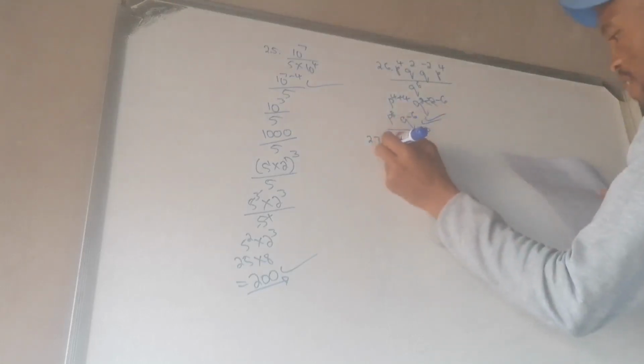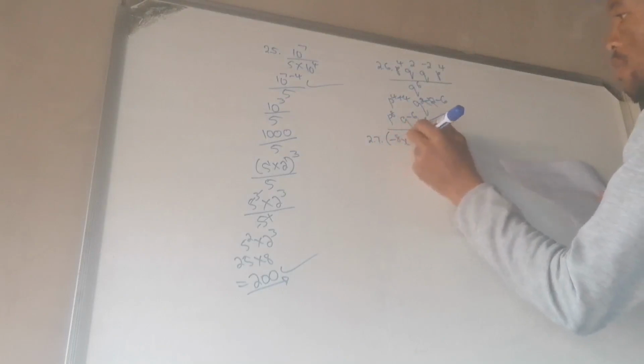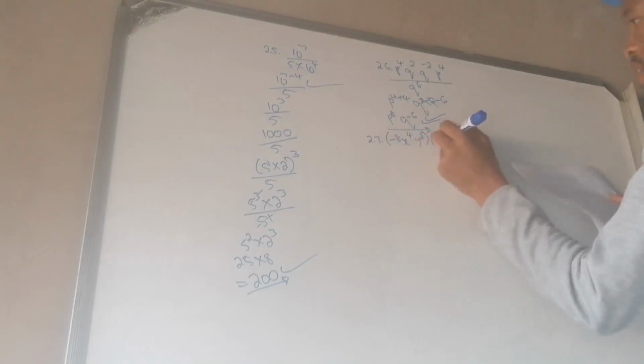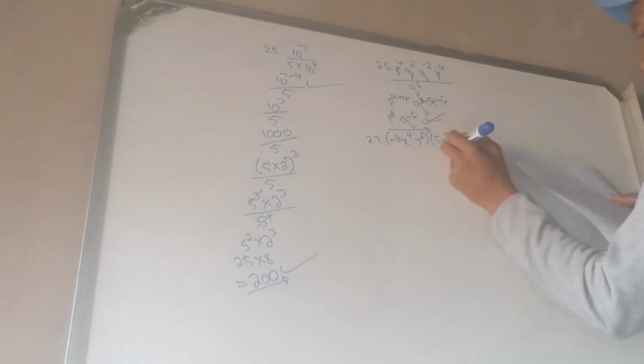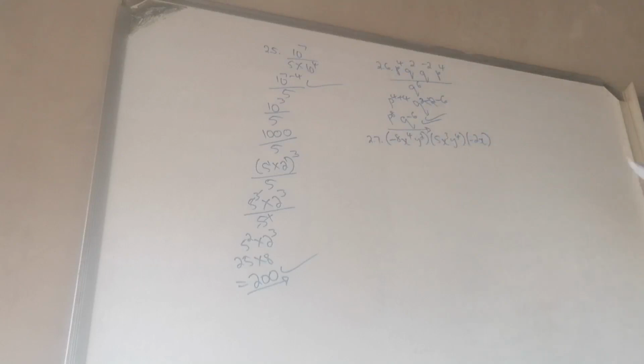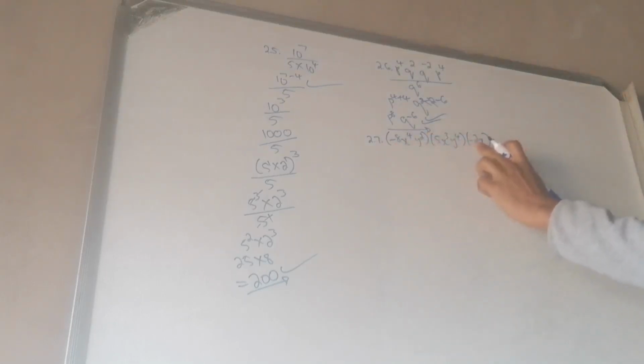To simplify negative 8x4 y squared, 5x3 y4, minus 2x. I will simplify it as one. I will start with the numbers: negative 8 times 5 times negative 2.